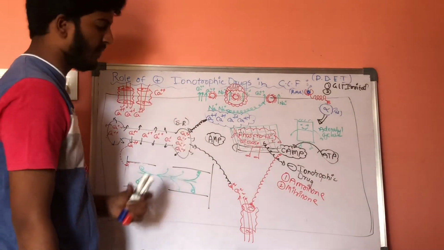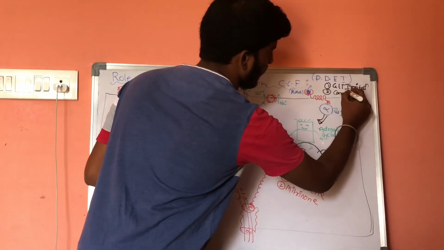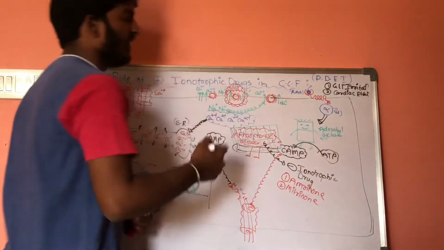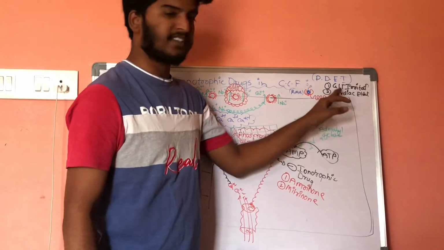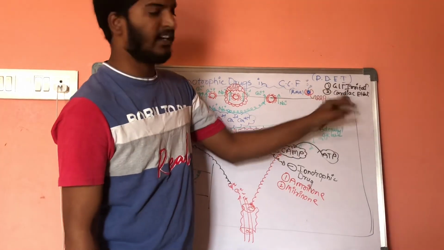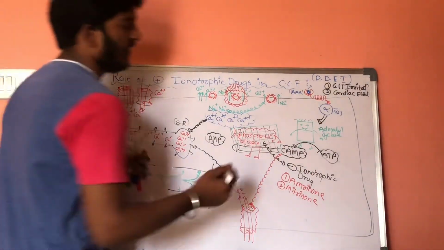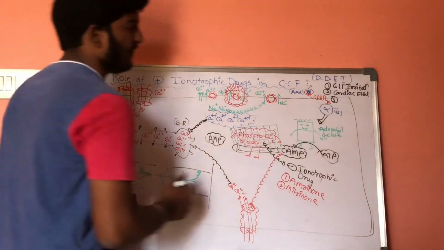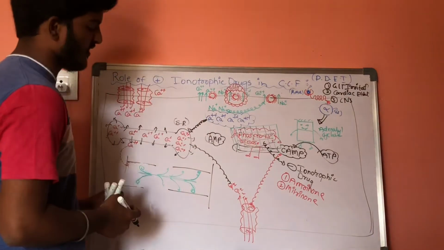It includes vomiting. The second one is the cardiac effect. It may lead to sinus tachycardia, sinus bradycardia, atrial tachycardia, or atrial bradycardia. The third side effect is on the central nervous system. It shows its effects on CNS.